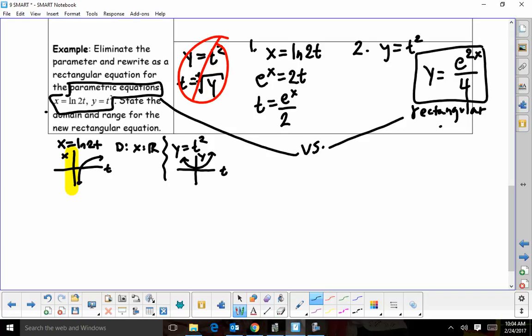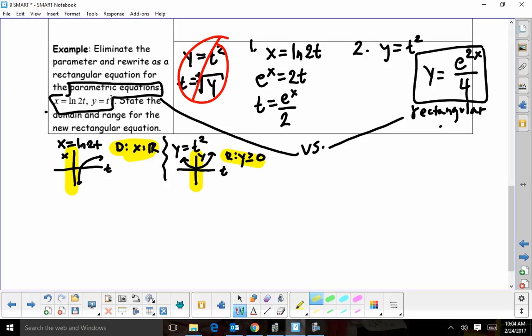Okay. So my range is y is what? Greater than or equal to 0. So that's where I got my range. There's my range. There's my domain. Okay.